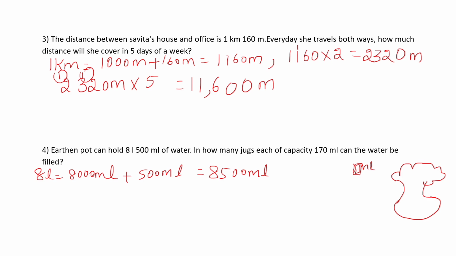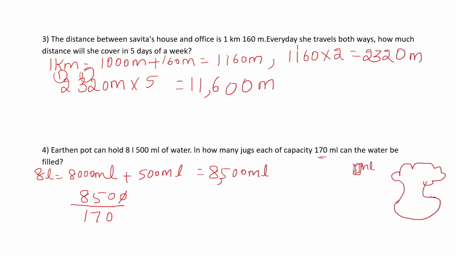So the capacity of the earthen pot is 8500 milliliters. Now we need to find out how many jugs can be filled from the earthen pot. So here we need to divide 8500 by the capacity of each jug, 170 ml, right?